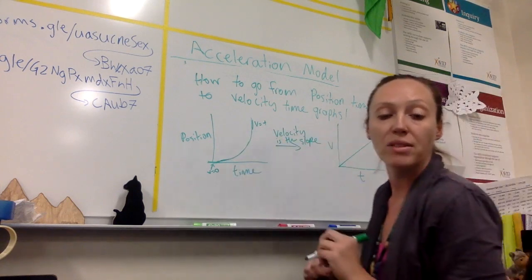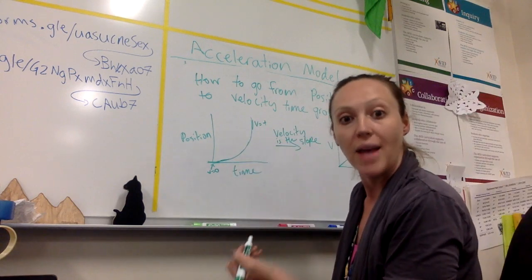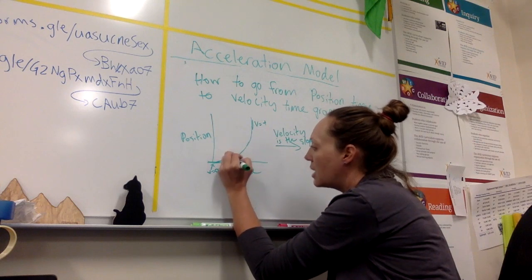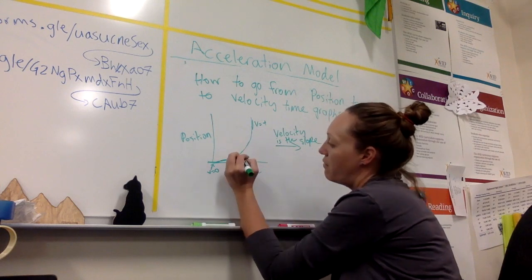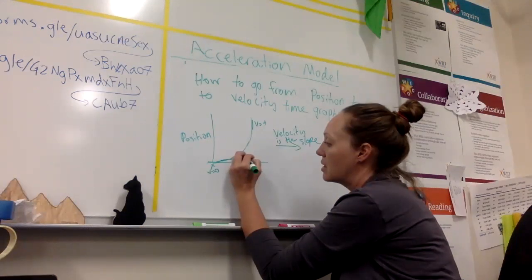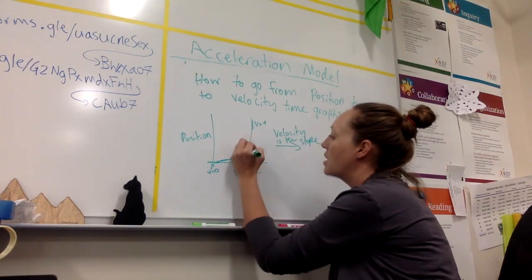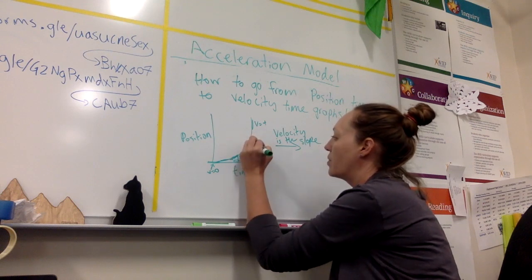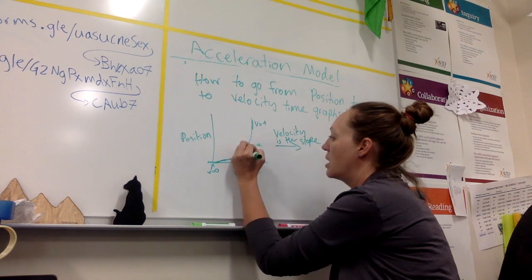Now, if you were having to actually do quantitative, as in with numbers, you could draw in a tiny little line here and find the rise and divide it by the run of several different tiny little lines that you draw in, right? Rise and run.